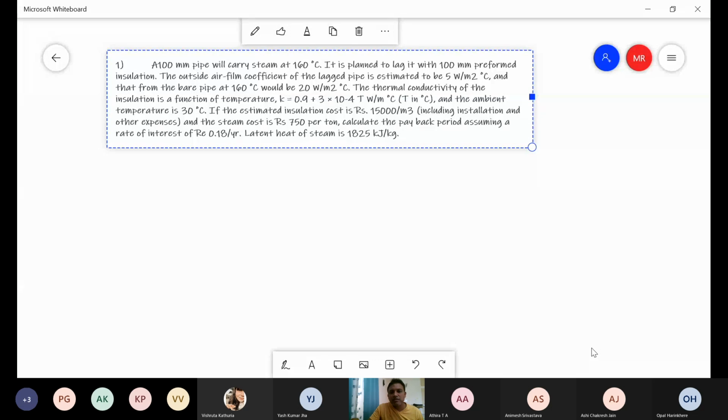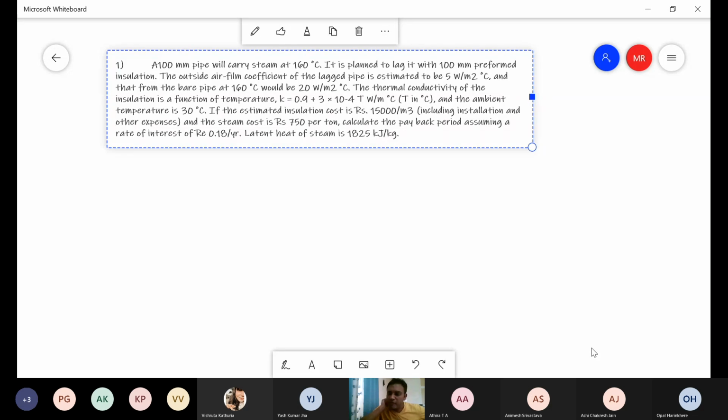If the estimated insulation cost is 15,000 rupees per meter cube, including installation and other expenses, and the steam cost is 750 rupees per ton, calculate the payback period assuming a rate of interest of 0.18 per year. Latent heat of steam is given as 1825 kilojoule per kg.